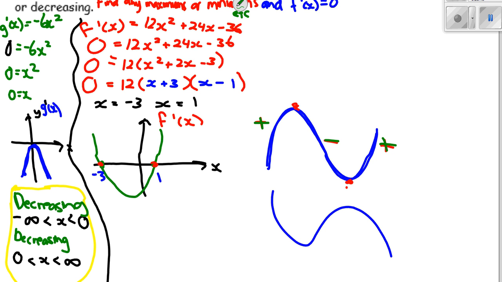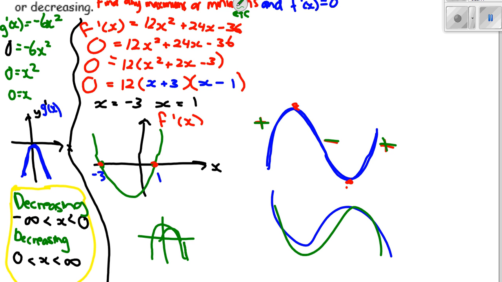If the gradient function was frowny instead, notice it starts off negative, and then it goes positive, and then it goes negative again.